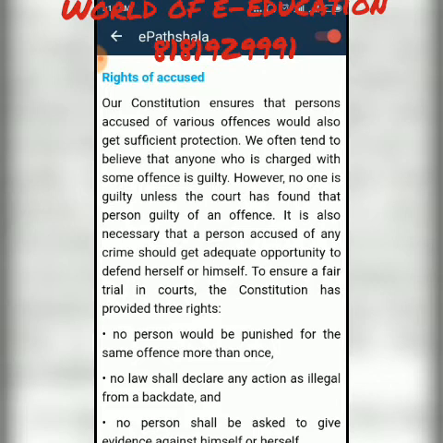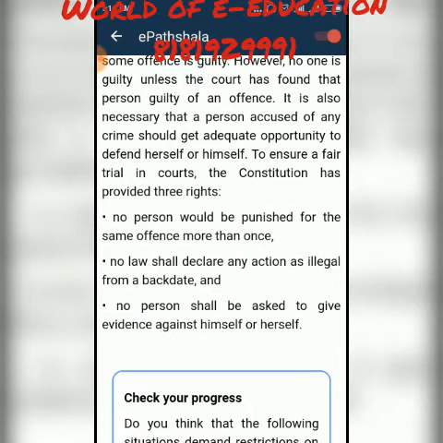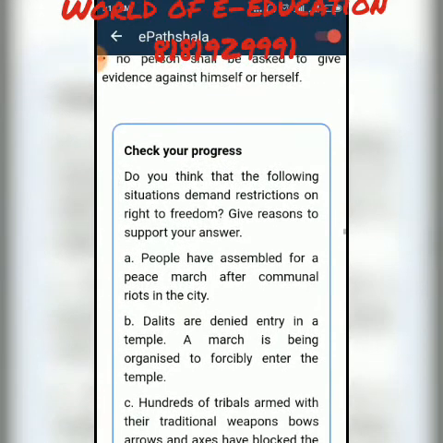To ensure a fair trial in courts, the Constitution has provided 3 rights. No person would be punished for the same offense more than once. No law shall declare any action as illegal from a backdate, and no person shall be asked to give evidence against himself or herself.